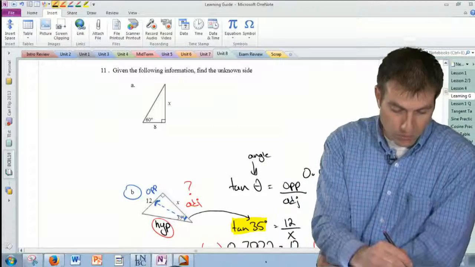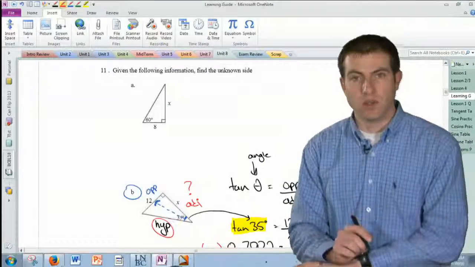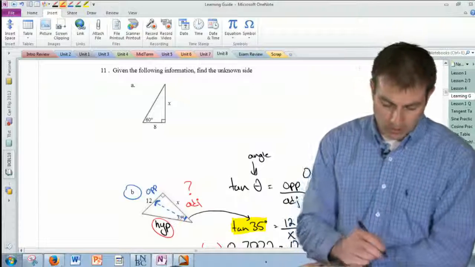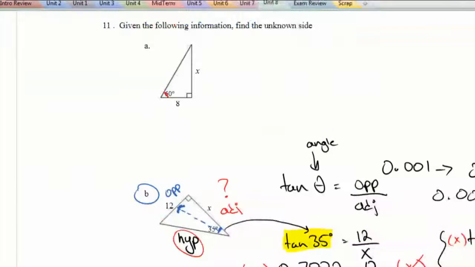All right, what we need to do is figure out the angle we're dealing with. In the question we have one angle in the corner here, a 60-degree angle. We're going to label all of our sides based on that angle. The longest side is my hypotenuse. If I were to draw a dotted line across here, this would be the opposite side.